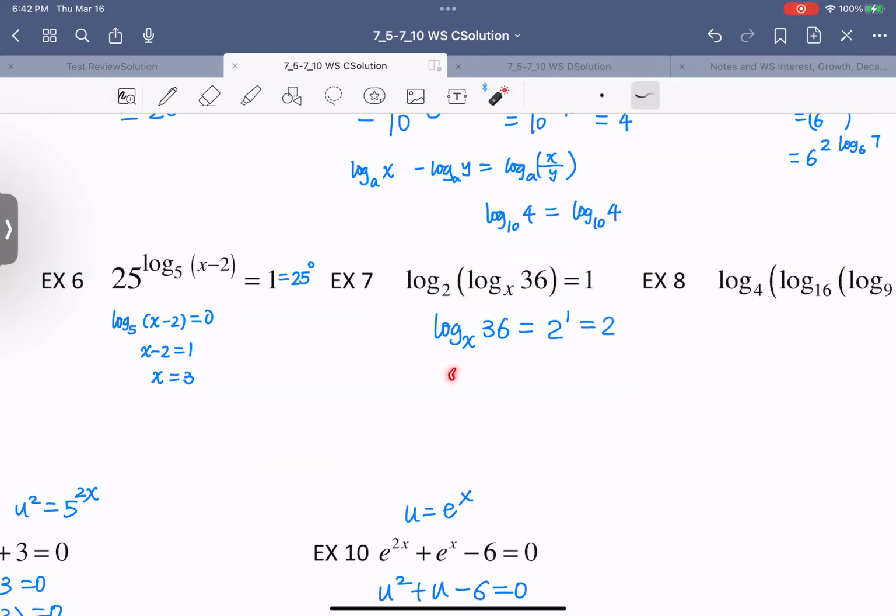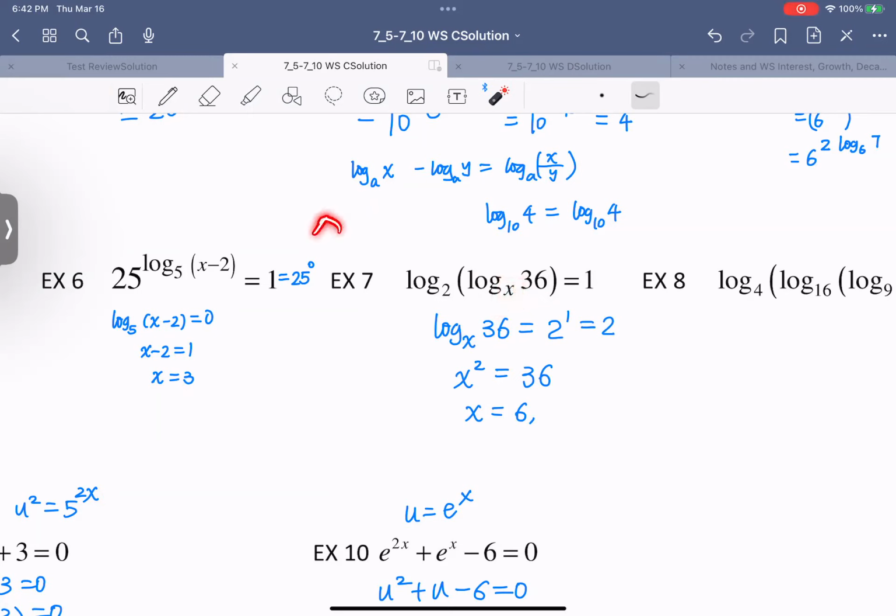And then next, when you have this equals to 2, so this is a base. Who is exponent? X to the power who? 6 to the power 2. So you say x to the power 2 equals to 36, right? Yes. X equals to positive 6. You don't want to put negative 6. The guy here is only allowed to be positive.